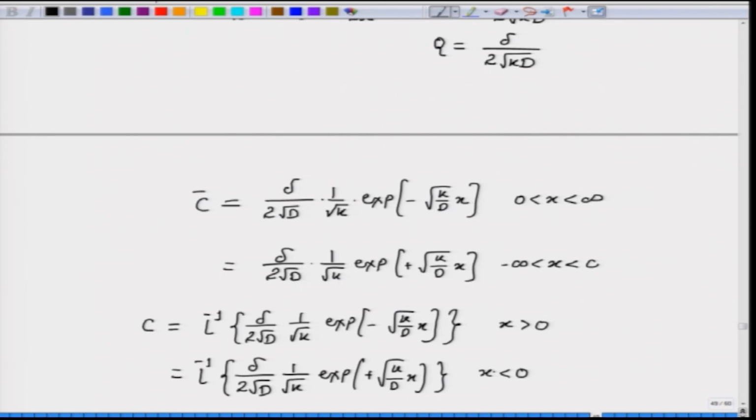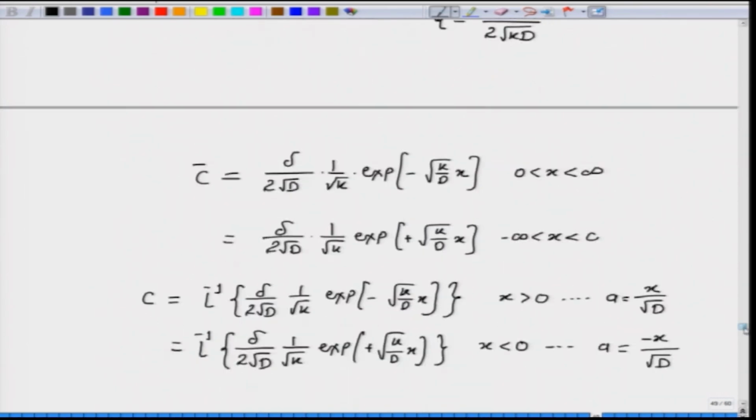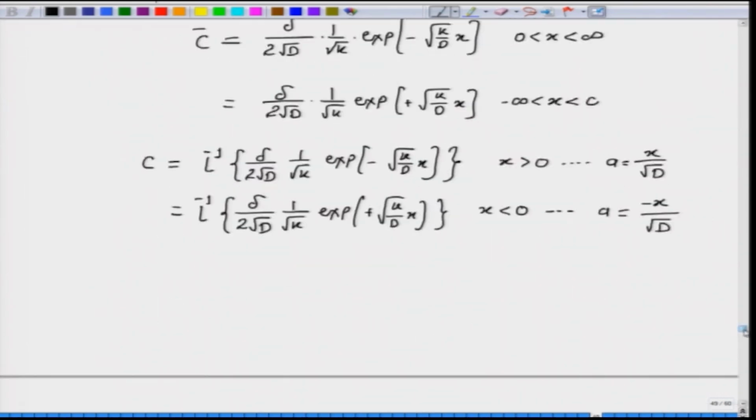So, if we compare with our formula that we saw earlier, we will see in the first case for x greater than 0, a is equal to x by root d, whereas in the second case a is equal to minus x by root d. But it should not matter, because inside the exponential a appears as a square, right.